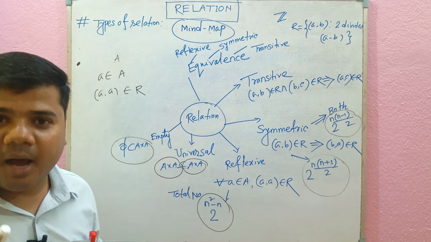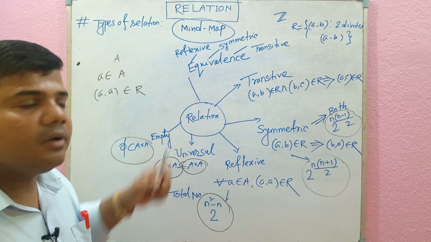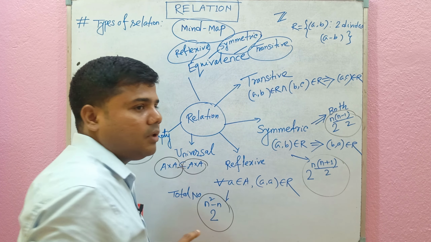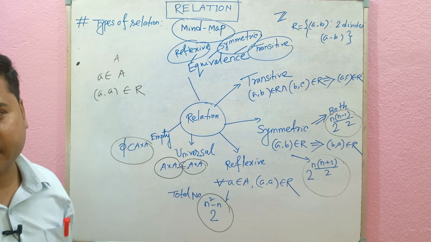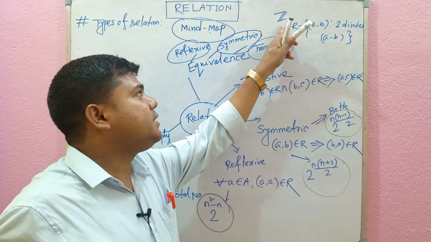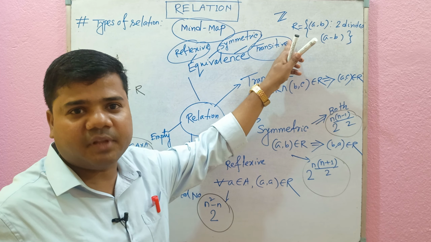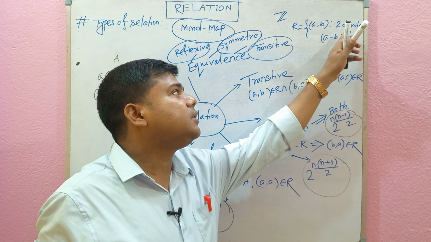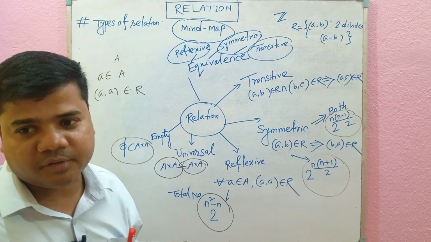A relation R is said to be an equivalence relation if it is reflexive, symmetric and transitive. For example, let Z be the set of all integers. A relation defined on Z such that R is the set of (a,b) such that 2 divides a minus b is an example of an equivalence relation.